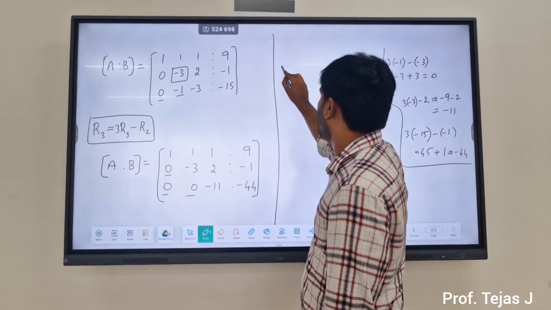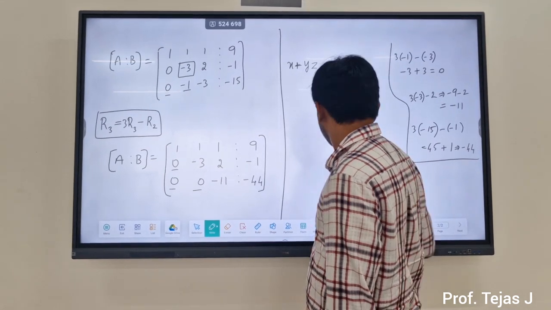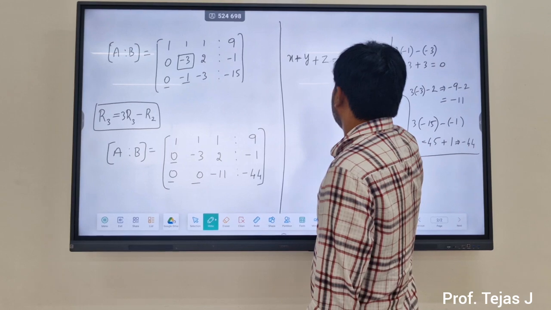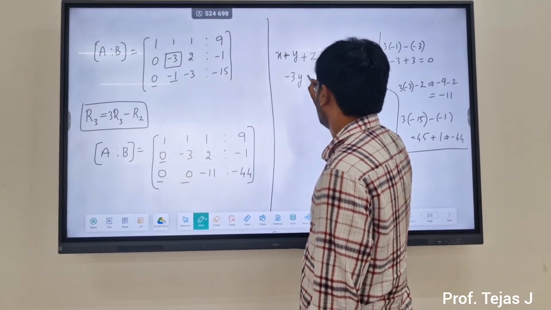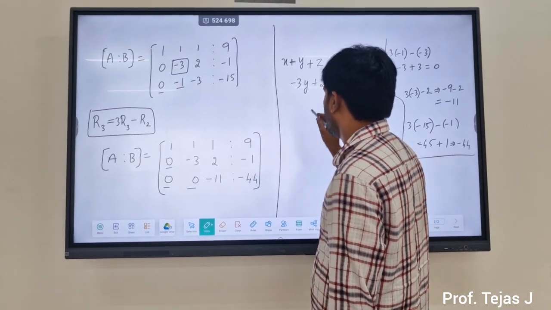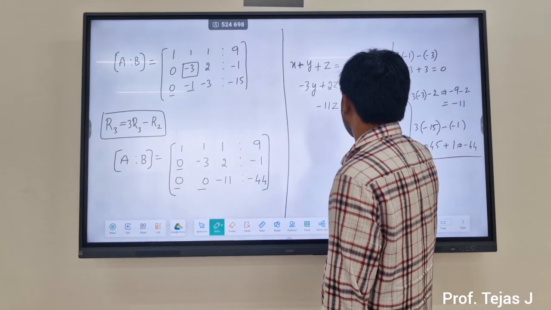So which is x plus y plus z equal to 9. From the second it is -3y plus 2z equal to -1. Then -11z is equal to -44.